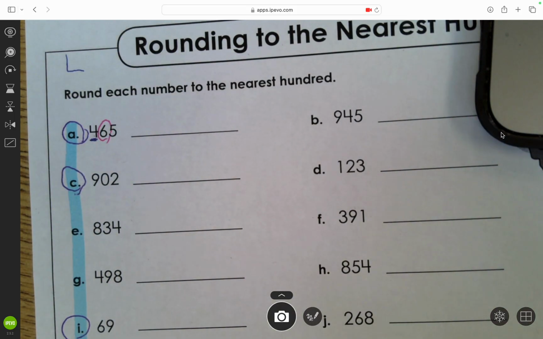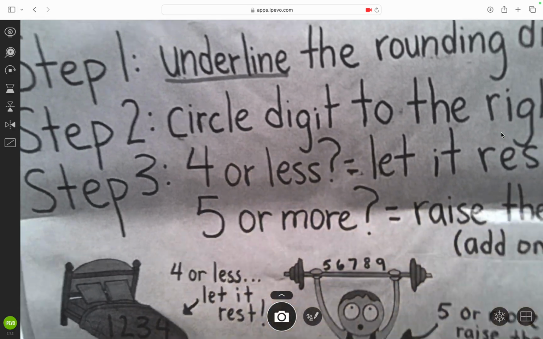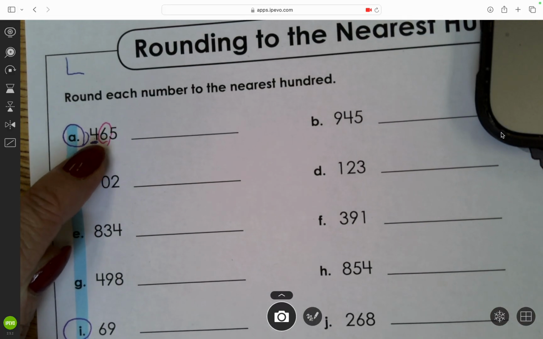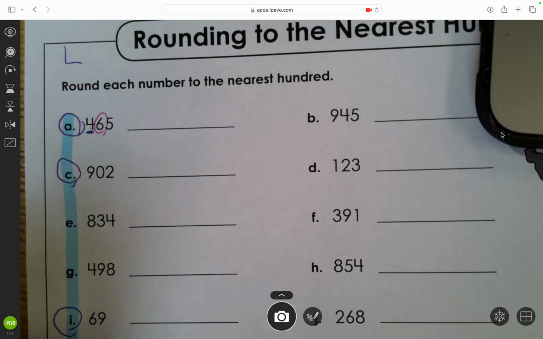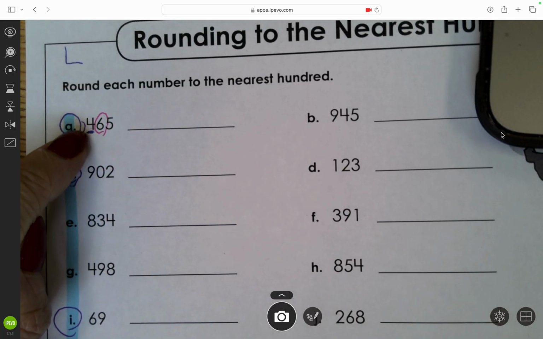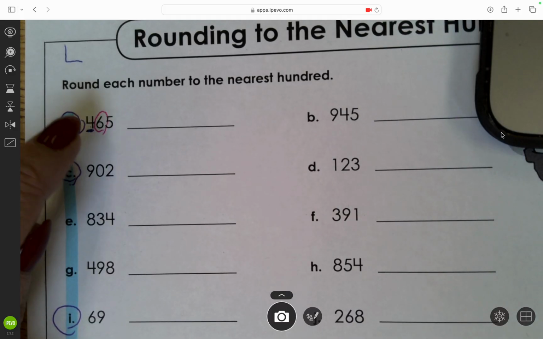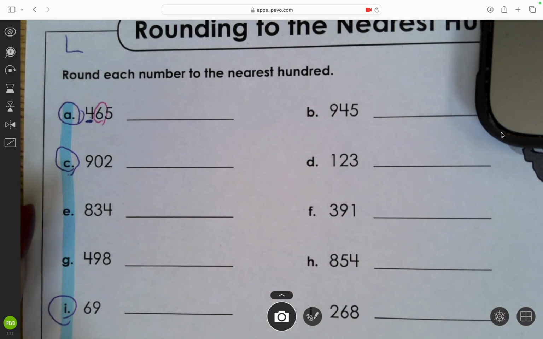Okay. So we did step 1 and step 2. Step 3 is when we say our chant. Remember, whatever number you circle is the bossy number. This circled number is going to tell the 4 what to do. It's going to say either number 4, you can rest, you could chill, you could stay a 4. Or it's going to tell that 4 to raise the score and turn into a 5.